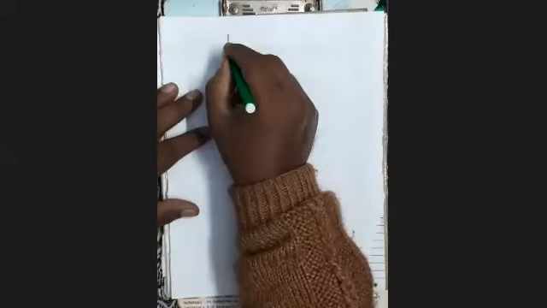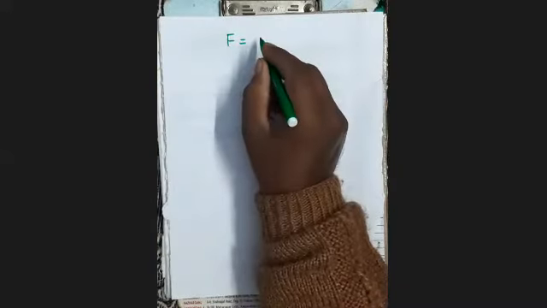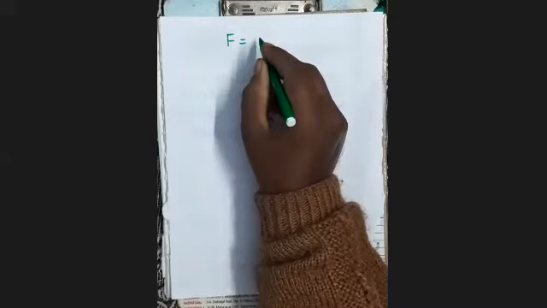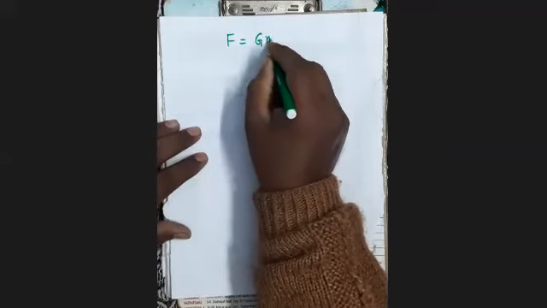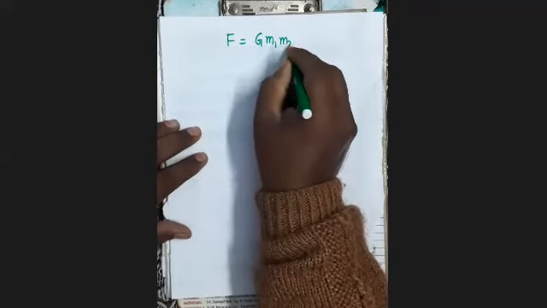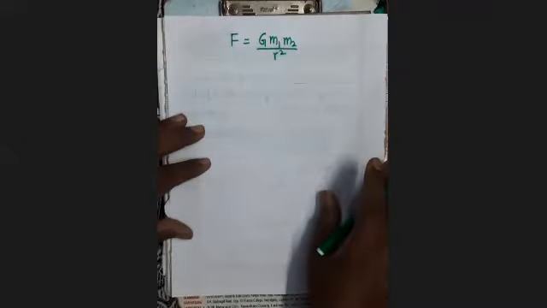You can see here, if I give you the value, first you see its unit. What will be the unit of G? So here the formula of force between two point masses is given by F equals G m1 m2 upon r square. When you rearrange this formula, what will you get?